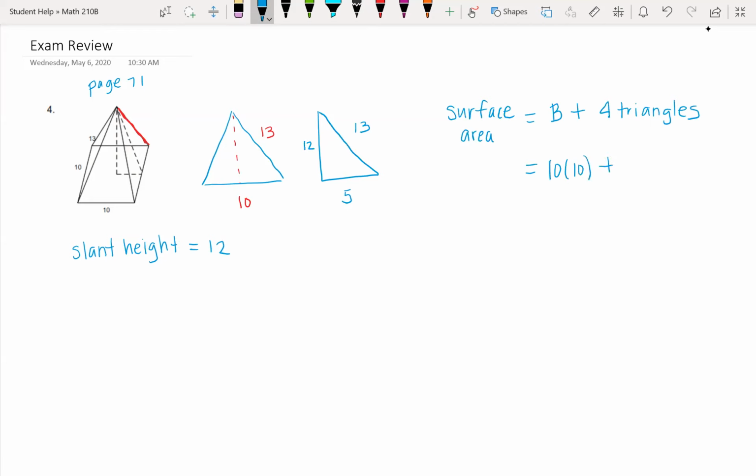And then the triangles are going to be 1/2, the base is 10, and the height is 12. So it looks like I've got 100 plus, let's see, I'm getting 240 for this. So it looks like the surface area for this shape is 340 units squared, right?